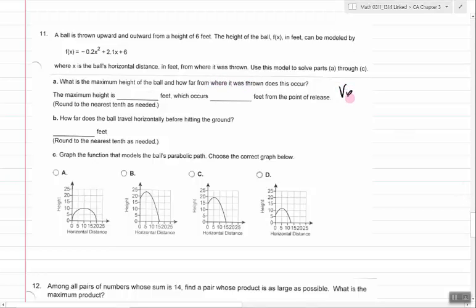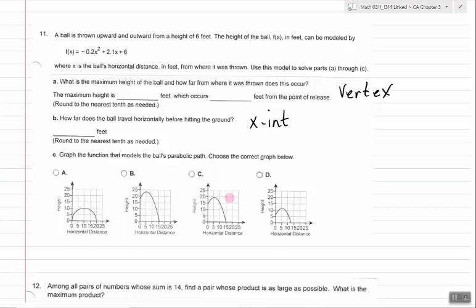That is a question asking about the vertex. How far does the ball travel horizontally before hitting the ground? That is the second of the x-intercepts. And then we'll pick the graph, and it does follow a parabolic curve.